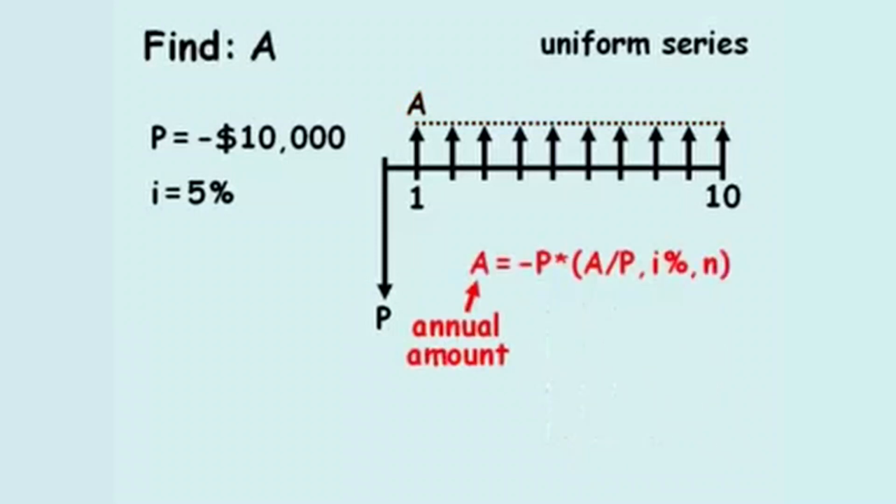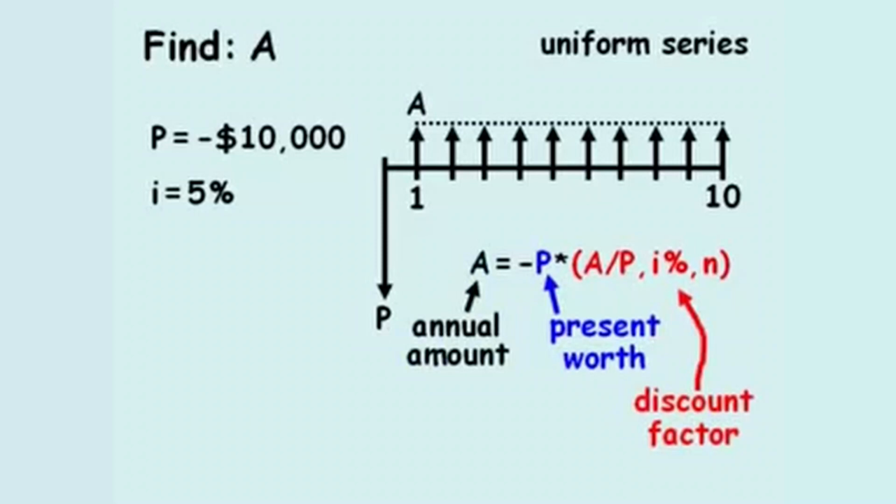The annual amount paid back each period equals -1 times the present value or present worth of the initial deposit times a discount factor.